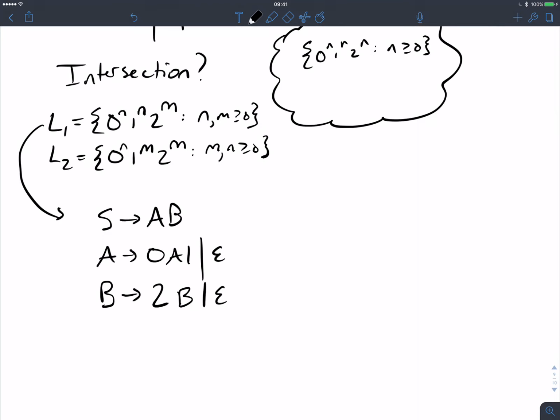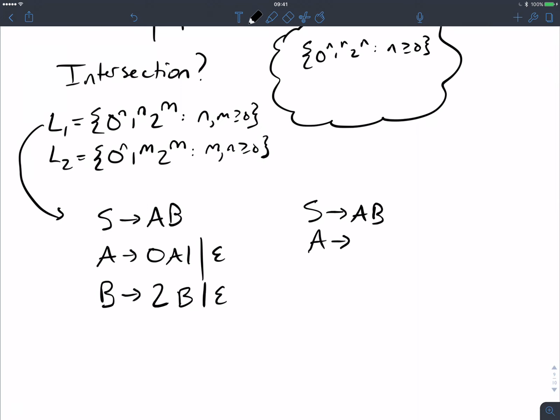Okay? Can I make a grammar very similar to this for L2? Yeah, all you need to do is swap the right-hand sides of A and B and replace A with B and B with A. Actually, no, that's not quite right.